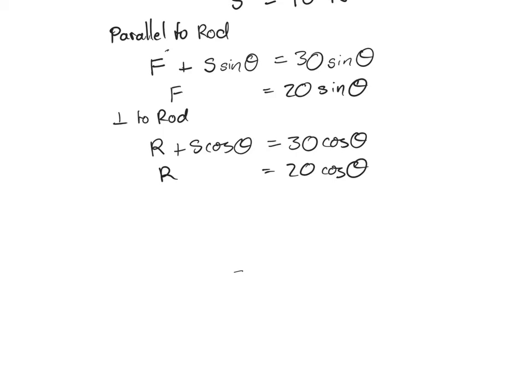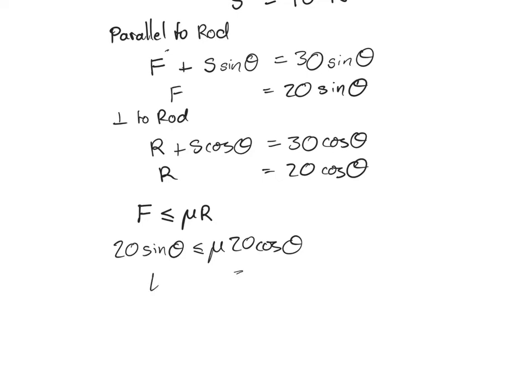Determine the relationship between mu and theta. Well, the friction is less than or equal to mu R. So 20 sine theta is less than or equal to mu times 20 cos theta.